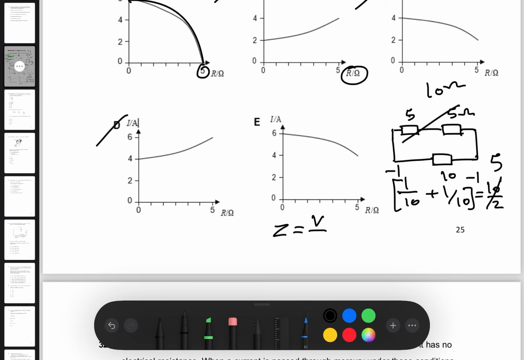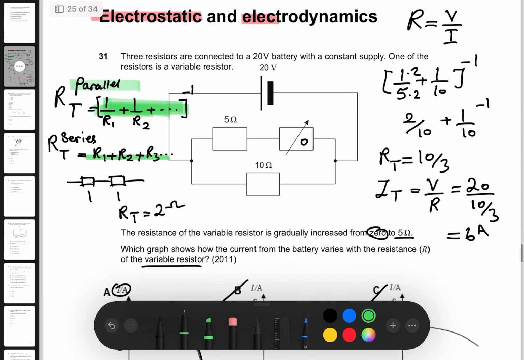So to find the current at the end, we just divide the 20 volts of the battery by the 5 ohms of resistance, and that leaves us with 4 amperes. As you can see, at 5 ohms of resistance, the graph corresponds with 4 amperes of current. So the correct answer is indeed E.